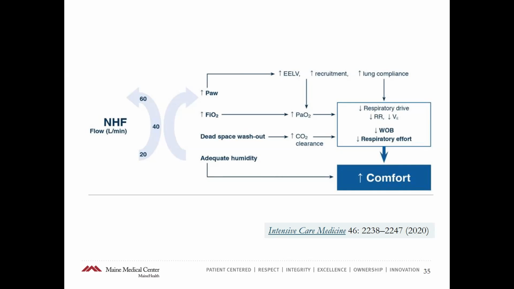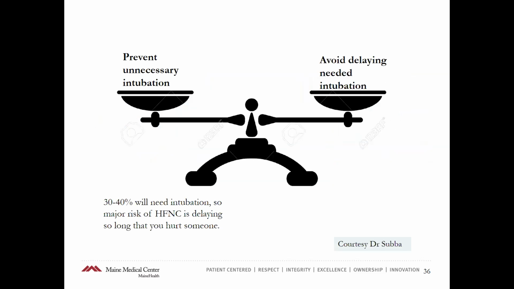The increased lung volumes and recruitment give you a better PO2. You get dead space washout, and the combination of all of those things means that the patient has a lower respiratory rate, decreased minute ventilation, decreased work of breathing, and overall, all those things translate to better comfort.